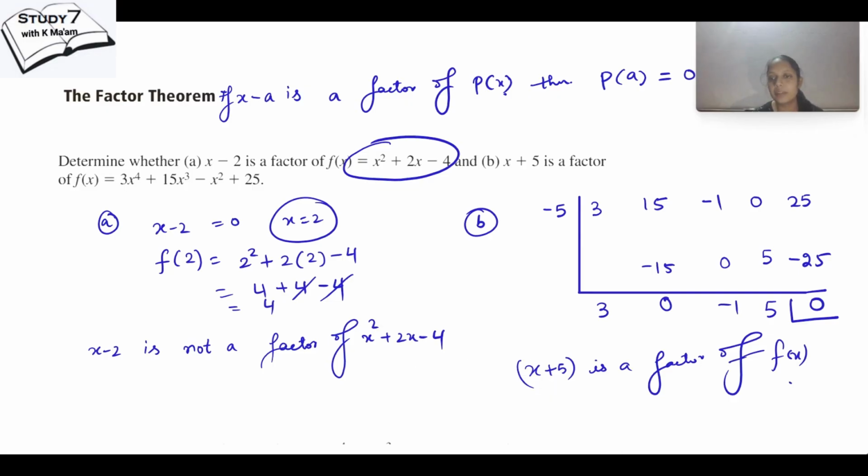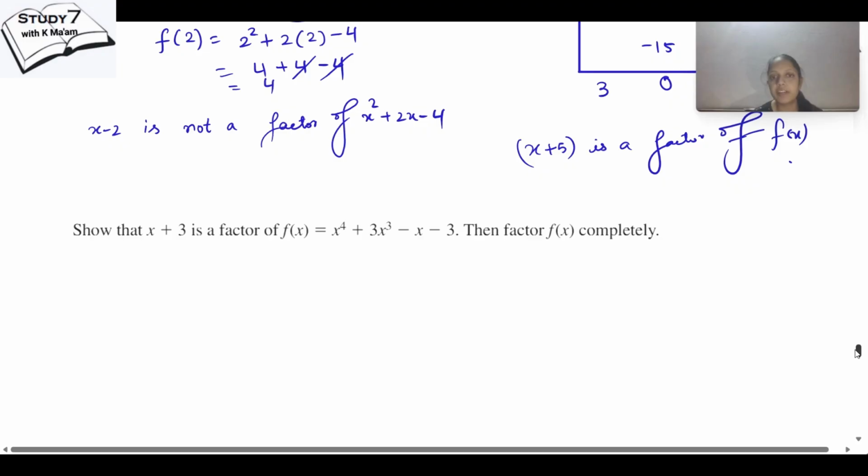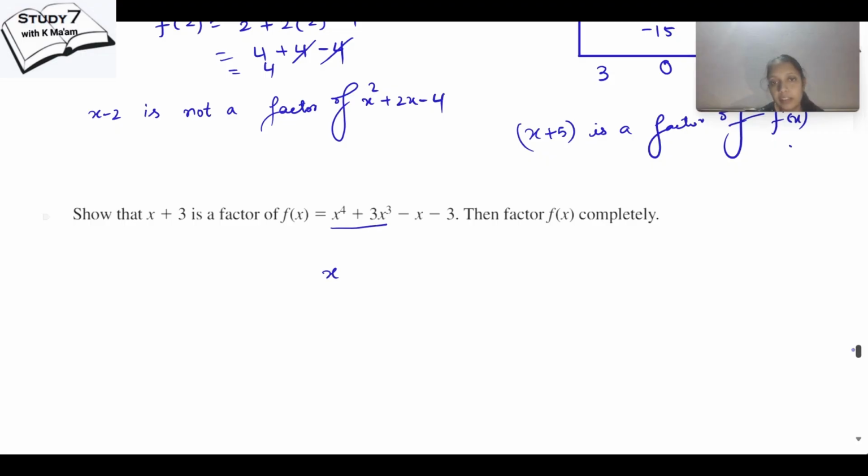Done. Okay, let's do the next one. Show that x plus 3 is a factor of this, then factor completely. First we will find whether it is a factor or not. From the first two terms, I can take x cube common, and you are left with x plus 3. From the last two terms, I can take negative 1 common and x plus 3 is left. These two terms are the same, so write it down, and you are left with x cube minus 1.